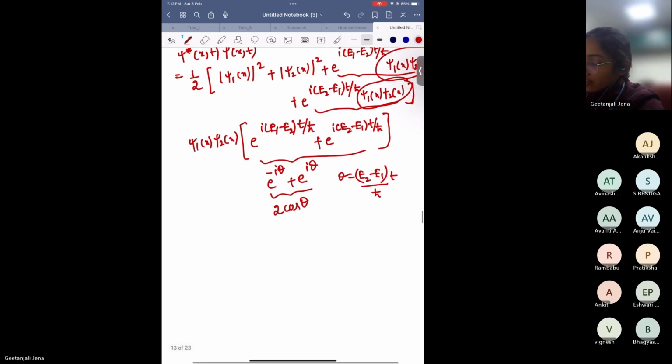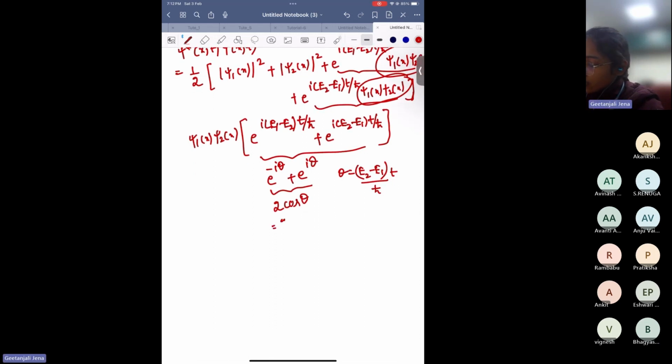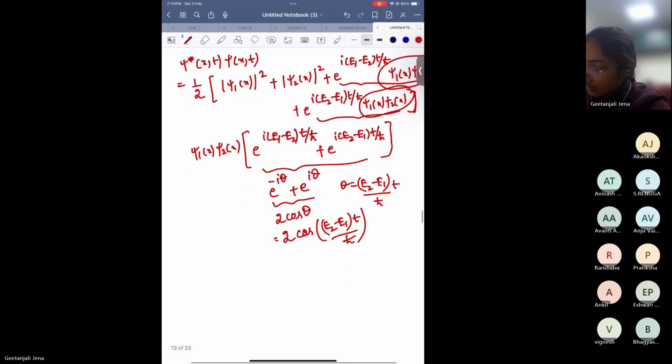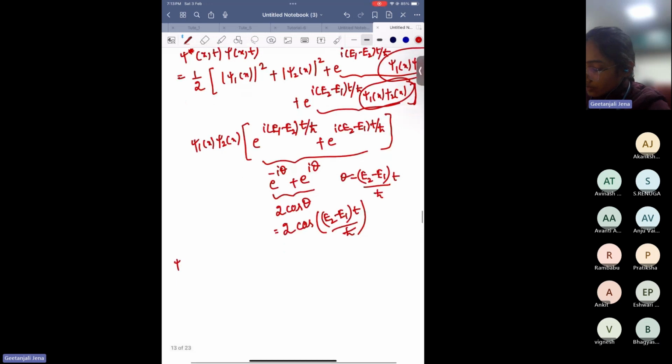Okay, this is one of the trigonometric identities. Now you can write down the final form.